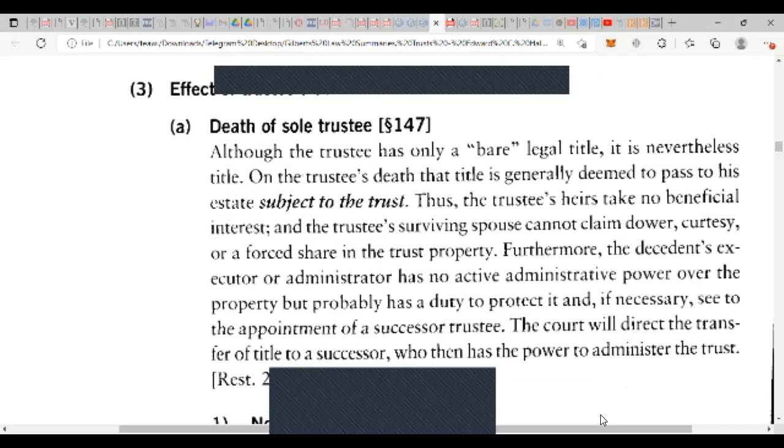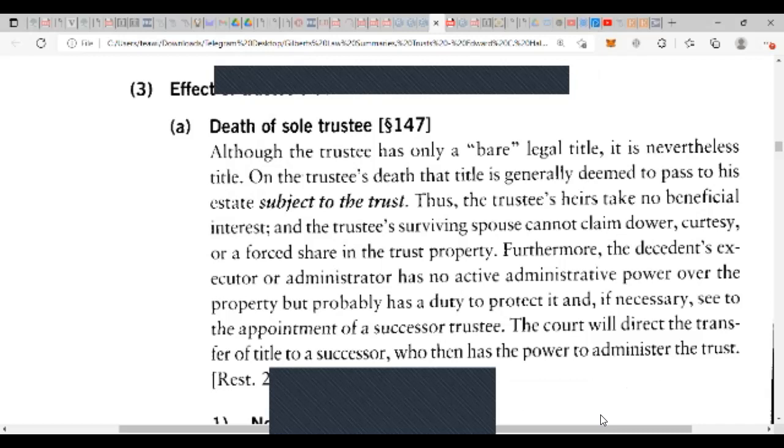Although the trustee has only a, quote, bare legal title, it is nevertheless title. On the trustee's death, that title is generally deemed to pass to his estate subject to the trust. Thus, the trustee's heirs take no beneficial interest, and the trustee's surviving spouse cannot claim dower, courtesy, or a forced share in the trust property.